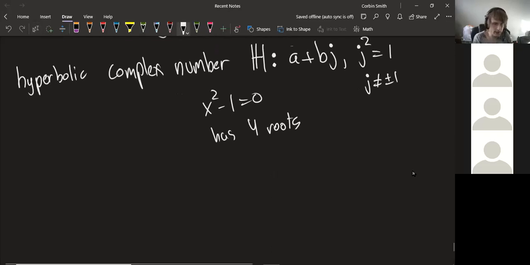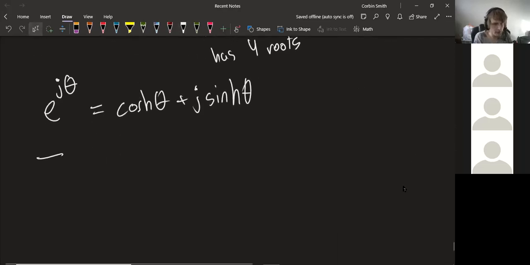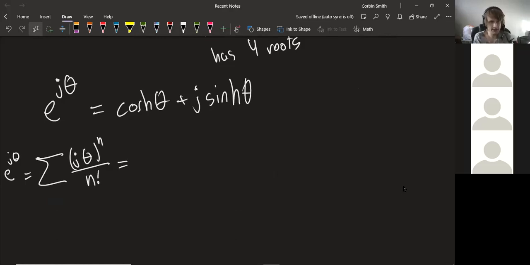One thing I want to say, though, is that e to the j theta is equal to hyperbolic cosine of theta plus j times hyperbolic sine of theta. Let's prove that. e to the j theta we can understand as not being exponentiation at all, but just this power series. The even powers are not going to have any j's, since j to an even power is 1, and for the odd ones, we can factor a single j out.